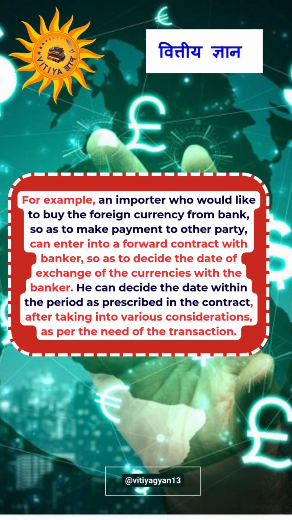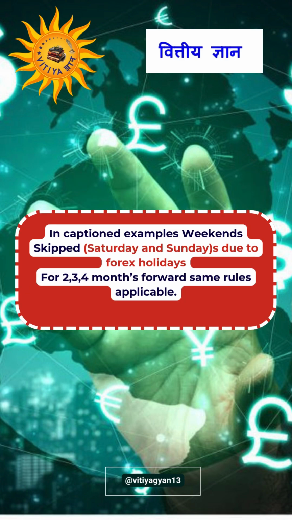For example, an importer who would like to buy the foreign currency from a bank so as to make the payment to another party can enter into a forward contract with the banker so as to decide the date of exchange of the currencies with the banker. He can decide the date within the period as prescribed in the contract after taking into consideration various factors as per the need of the transaction.